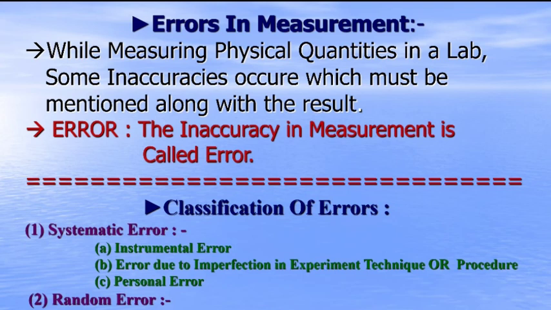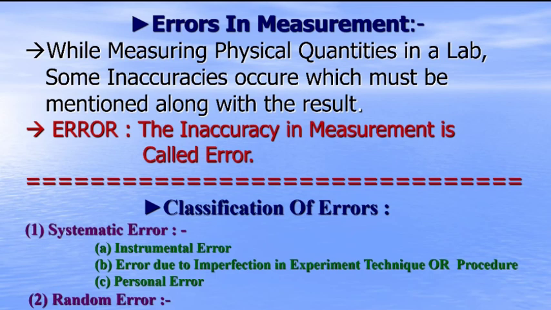There is a classification of errors. We can take two types of error: one, systematic error, and second, random error.